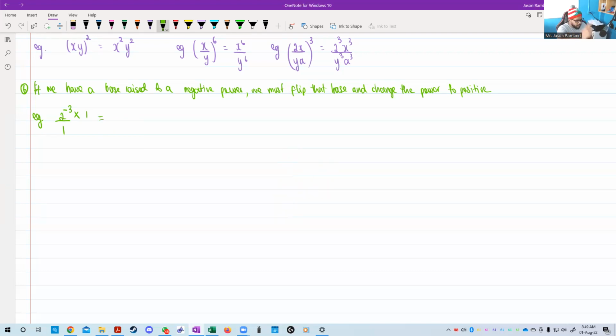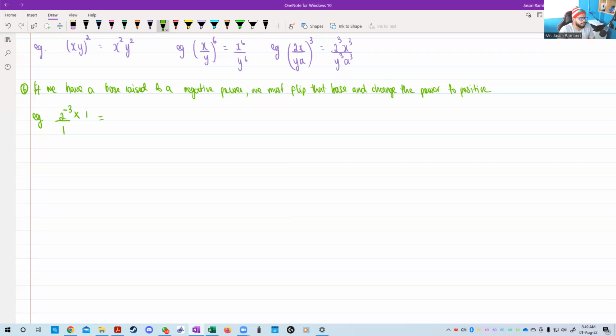Now, the first thing I told you earlier: identify which base has the negative power attached to it. It is just the 2. So the only thing I am moving is the 2. And when I flip something, if it's a numerator, make it a denominator and vice versa. So the only thing I'm interfering with here is 2.